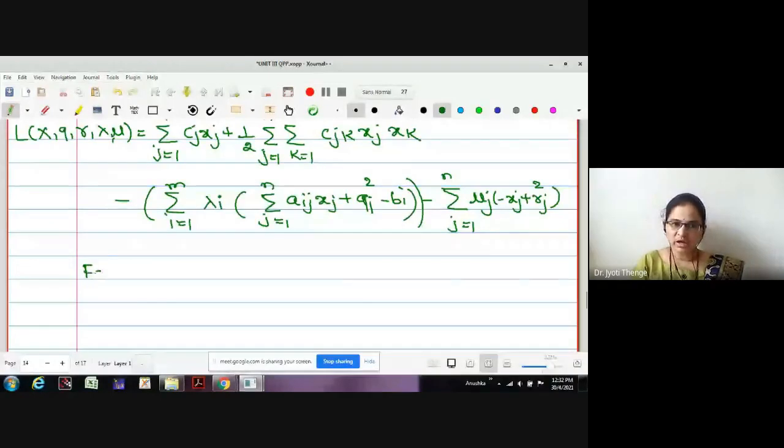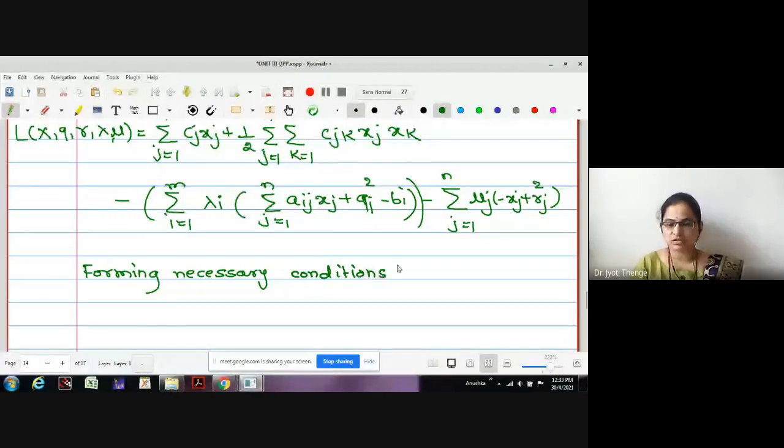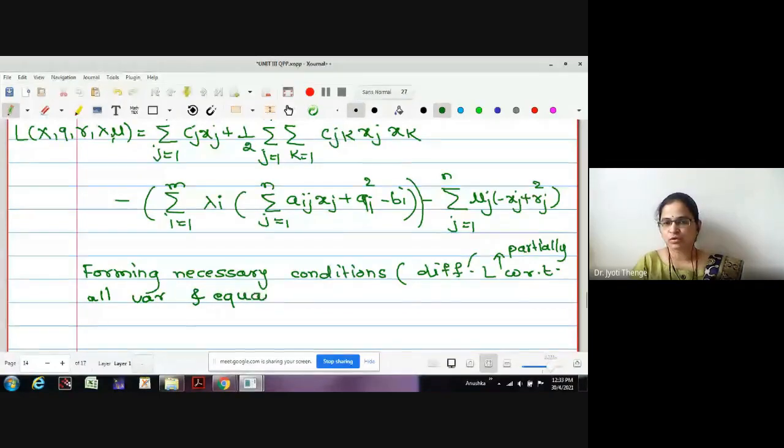Now, forming necessary conditions, what were we doing? Differentiate L partially with respect to all variables and equate it to 0. Correct?